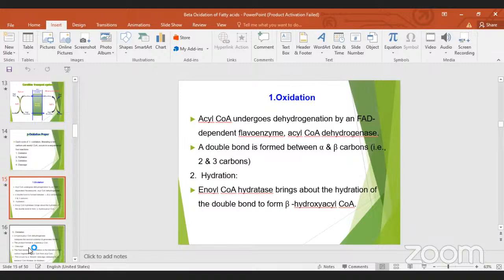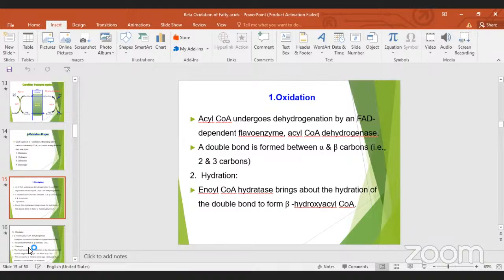The second one is called the hydration. Enoyl CoA hydratase brings about the hydration of the double bond to form beta hydroxy acyl CoA.